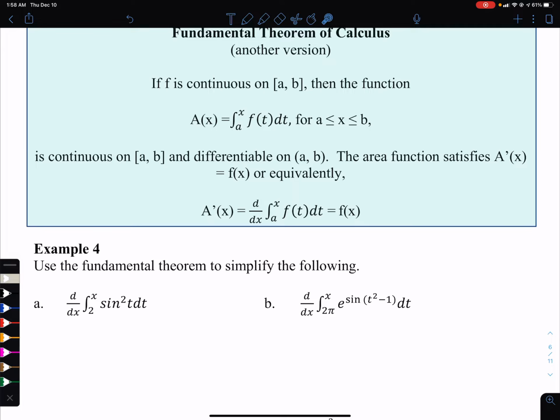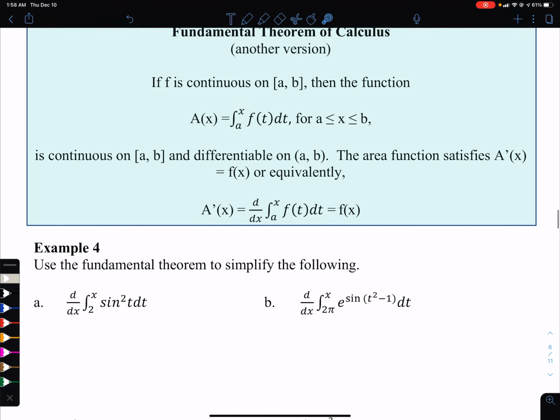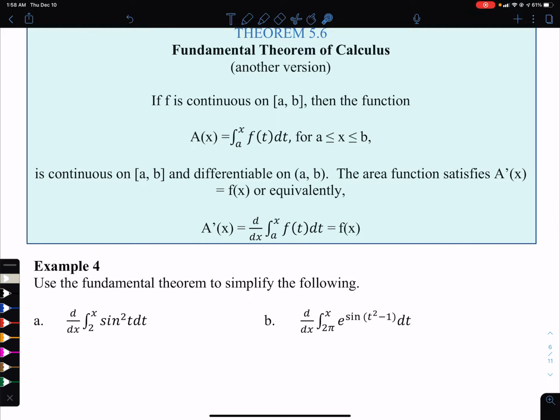Just important to note. And here is what the theorem says. If you take the derivative of this, or in other words, the derivative of that, all you do is plug x in for t. Bam. Now, why is that? Well, think about this.